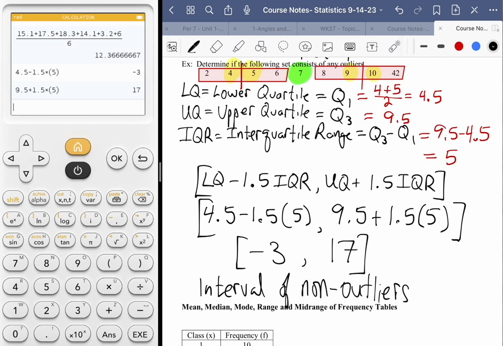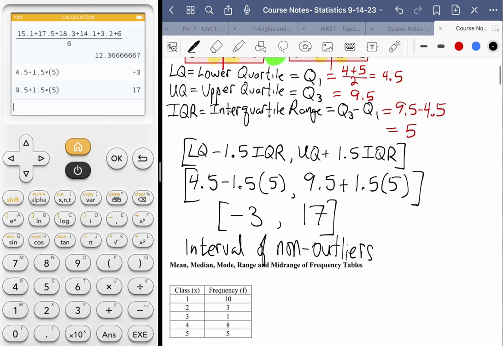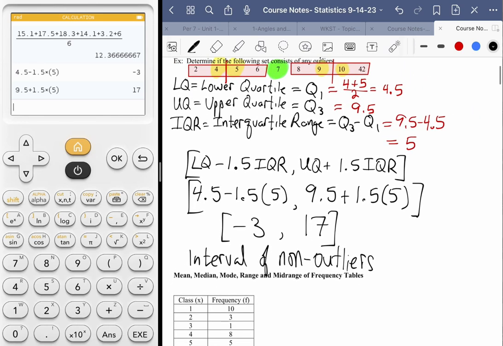So anything that falls between -3 and 17 inclusive is not going to be considered an outlier. So any of those numbers, if they're in this interval, they're not an outlier, right? But there is one that's not in the interval. If I go across the line there, I see a 2, 4, 5, 6, 7, 8, 9, 10. They all fall between -3 and 17 on the number line. But the 42 is outside of that interval. So therefore, 3 dots in the form of a triangle means therefore 42 is an outlier.